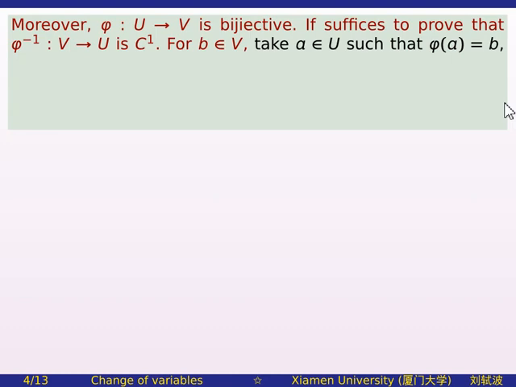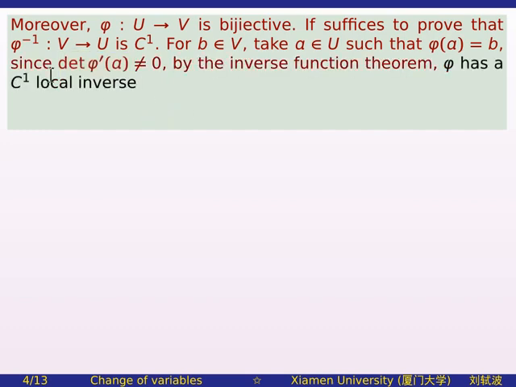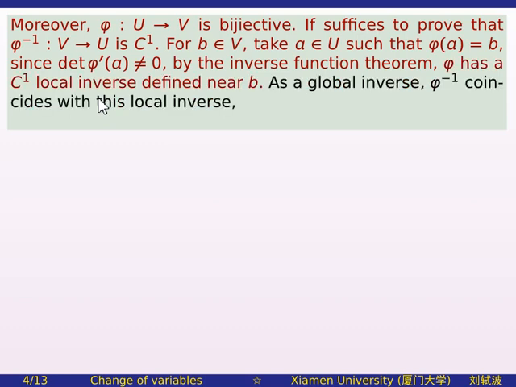Then by our condition, phi is a change of variable. Therefore, the derivative of phi at A is invertible. In other words, the determinant of the derivative matrix of phi at A is not zero. This is equivalent to saying that the derivative of phi at A is invertible. So by the inverse function theorem, we know that phi has a local C1 inverse in the neighborhood of B. But phi is globally invertible.